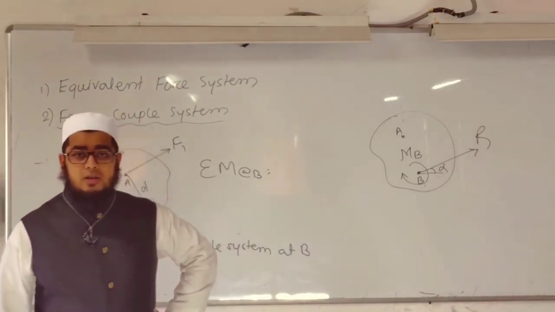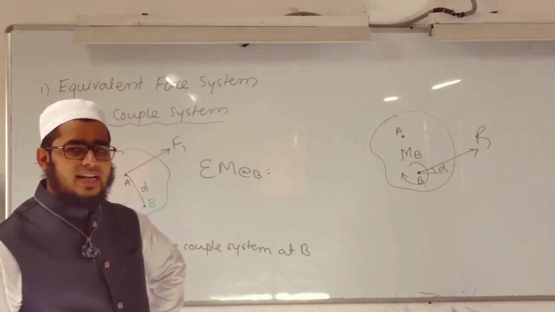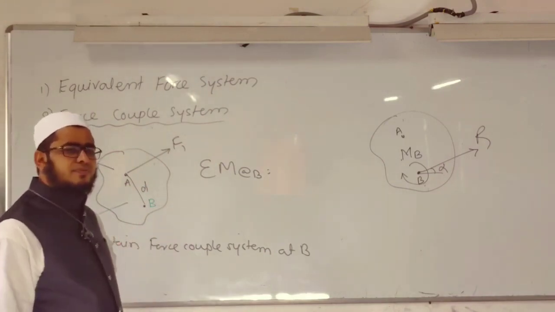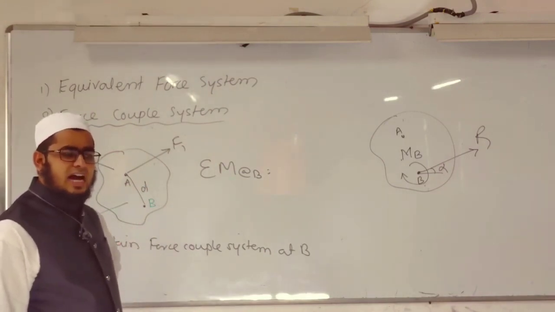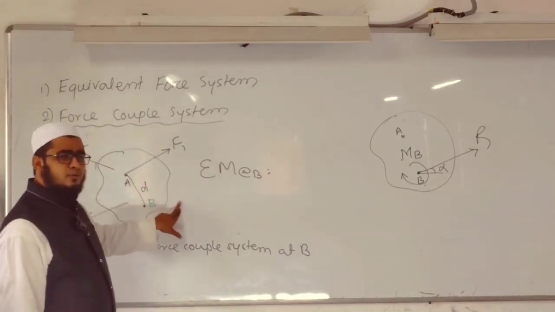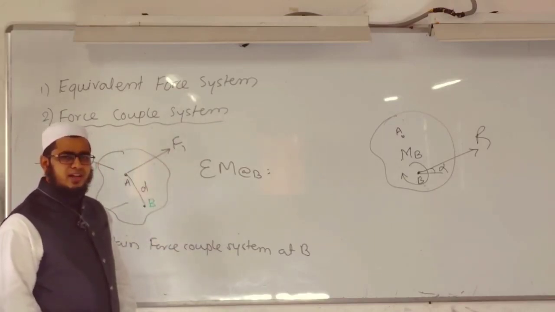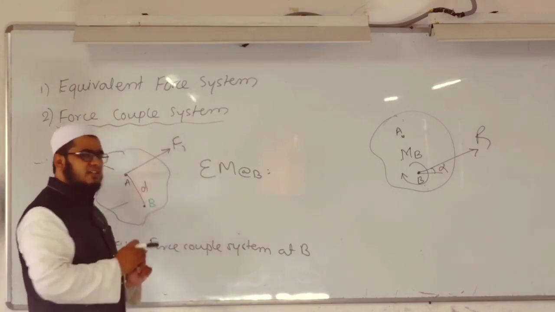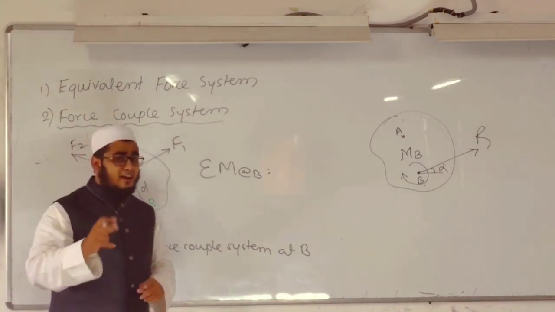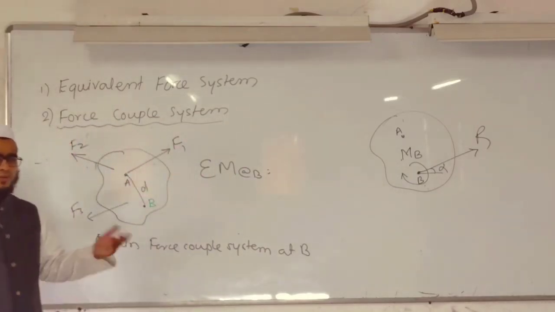But when a number of forces are acting, first we have to find the resultant of the force system in magnitude and direction. After finding the resultant, I will transfer that resultant to the desired point. Very simple. If a single force is given, directly transfer it. If a number of forces are acting, first find the resultant, and after finding it, transfer it to the desired point. First step is over.